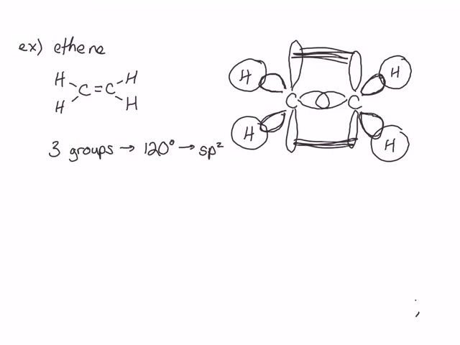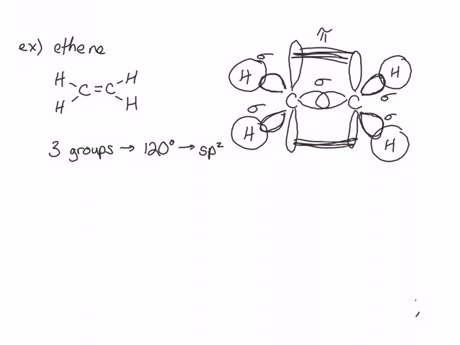Alright, so this is a pi bond. And we also have 4 sigma bonds here. There's 1, 2, 3, 4 between the carbon and the hydrogens, and a final sigma bond that makes up the first bond of that double bond.